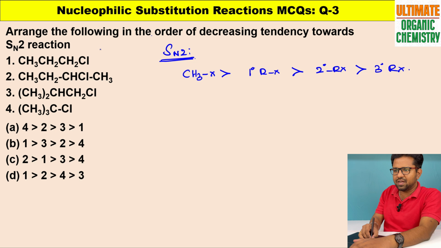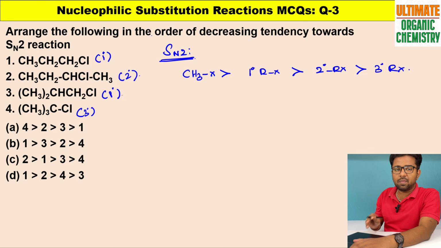The first alkyl chloride is an example of primary. The second alkyl chloride is an example of secondary. The third alkyl chloride is an example of primary, and the 4th alkyl chloride is an example of tertiary. So among them, primary will be more reactive, but you have two molecules, compound 1 is primary and compound 3 is also primary.